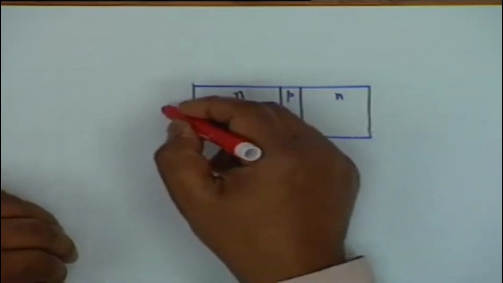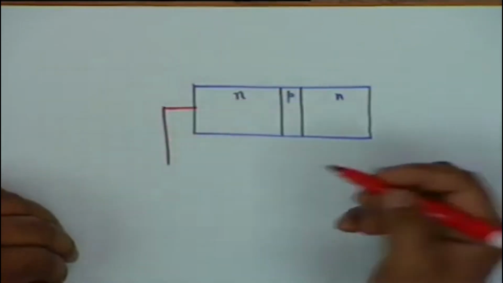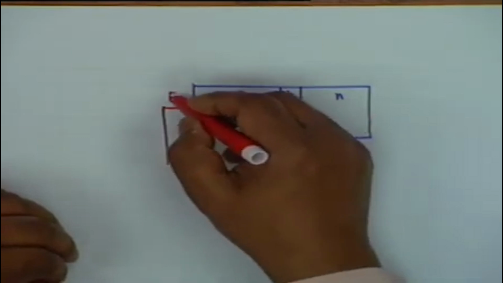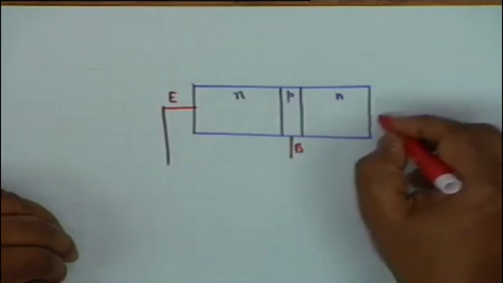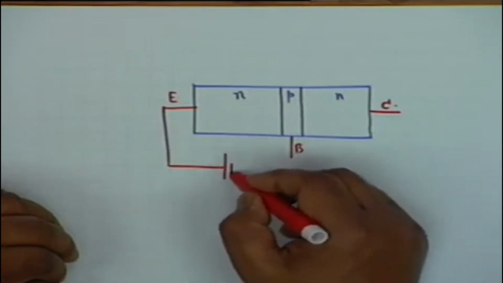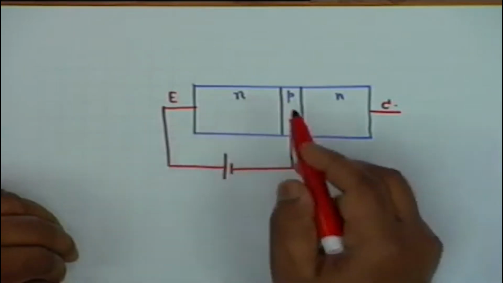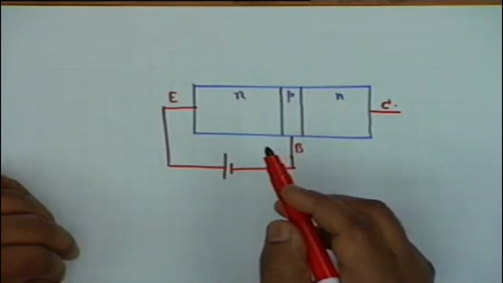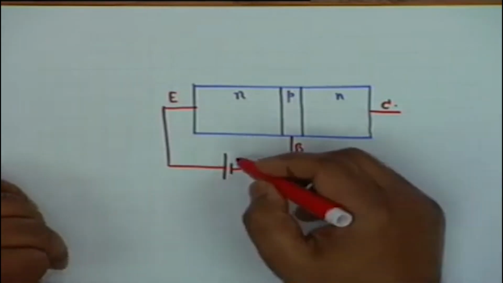Now, as I told you, this is emitter, this is base, and this is collector. The emitter base region is forward biased. In other words, pardon me, this is wrong.